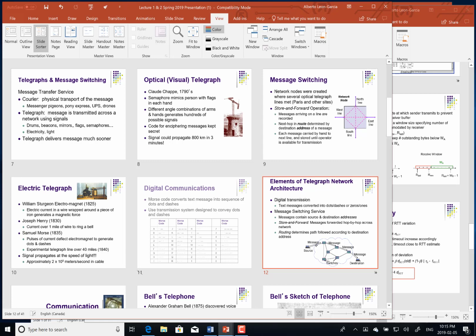The procedure involved a store and forwarding across the network. And the routing had to be built into the network so that by looking at the destination addresses, it was possible to determine what the next hop should be. So that's one of the earliest forms of network architecture.